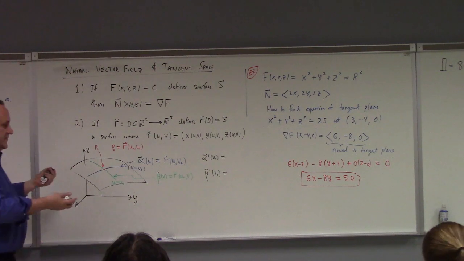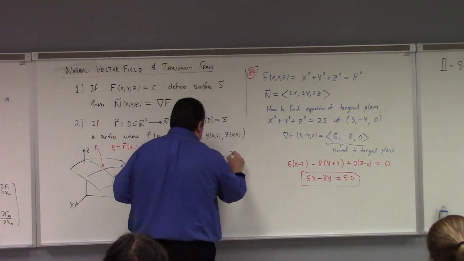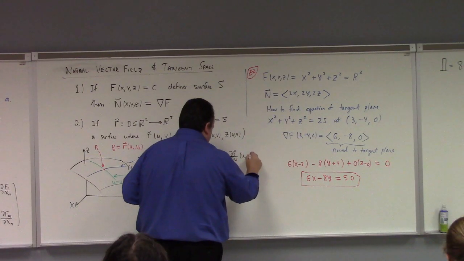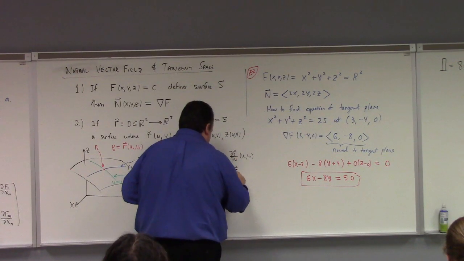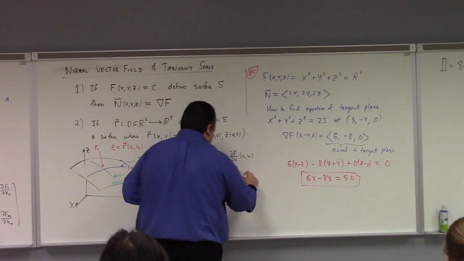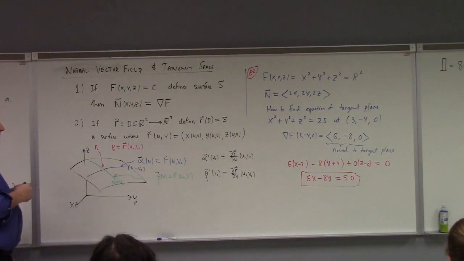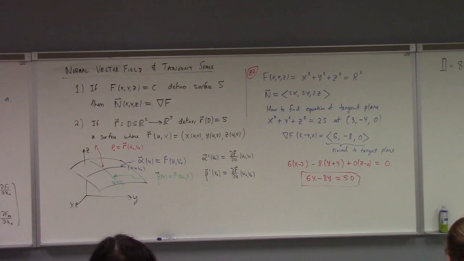That's exactly partial R, partial U at the point, and this is partial R, partial V at the point. In other words, the partial derivatives of this map with respect to the parameters U and V define velocity vectors along the coordinate curves.